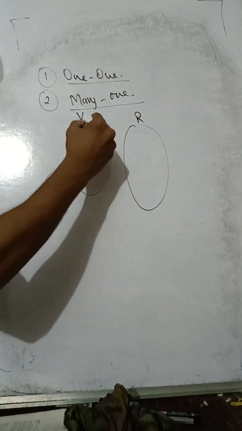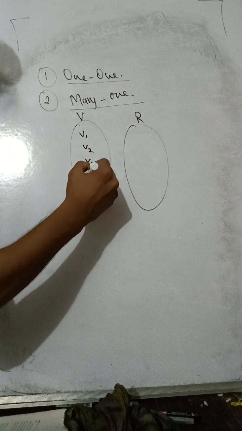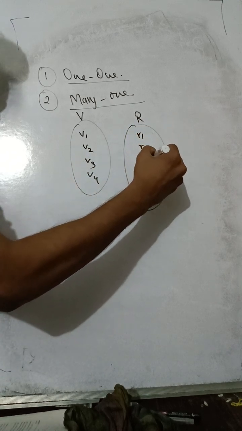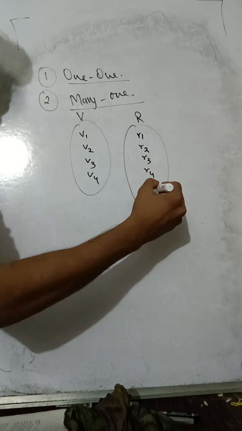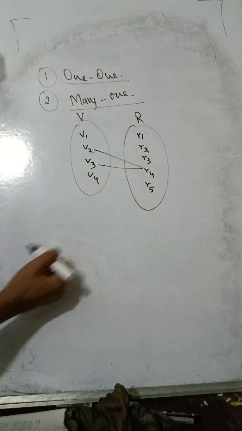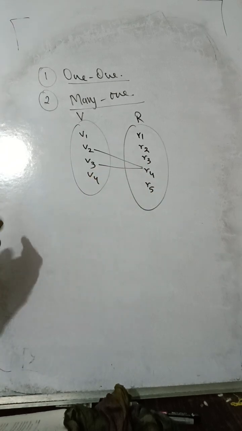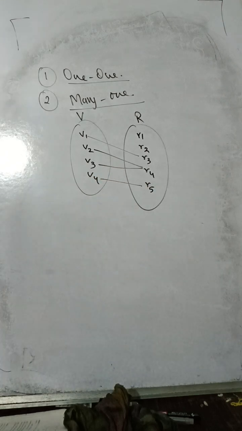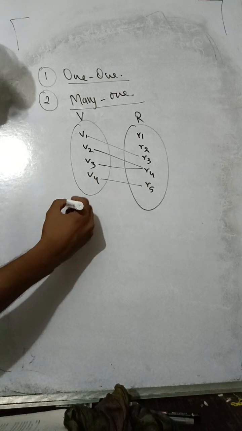Suppose we have 4 visitors and 5 rooms again, and v2 and v3 are staying together in room number 4, and the rest of them are staying in different rooms. So this is a many-one function. In a many-one function, the idea is very simple: we must have at least one room where we have multiple occupants.